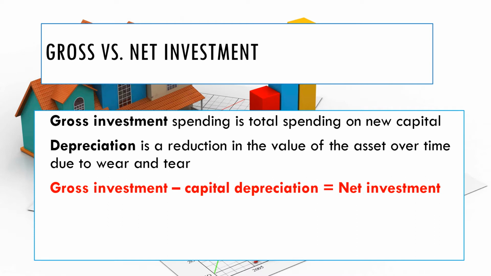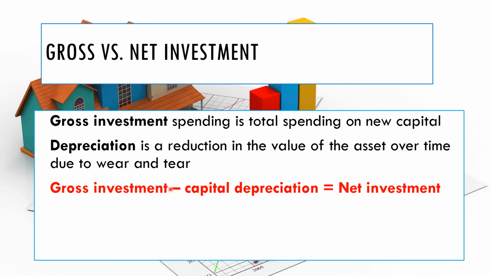So for example, if the capital stock in the country went down by 100 million through depreciation and only 90 million was spent on new capital or replacing that capital, the net effect would actually be a reduction in the size of the capital stock, the value of the machinery and tools etc. So there would actually be negative net investment. There hasn't been investment, things have got worse because the depreciation of our assets outweighed the gross investment.